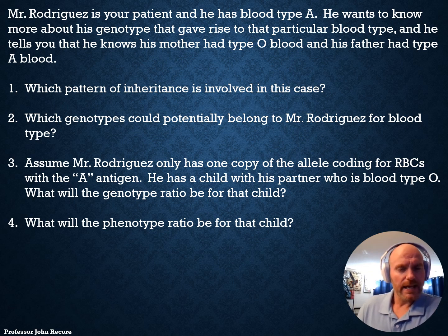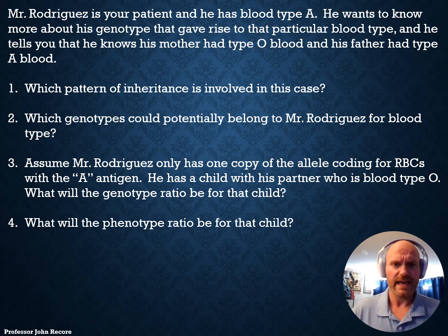Compared with the lowercase i, which represents no antigen present on the red blood cells, which gives rise to type O blood, that is going to act in a recessive manner when paired alongside the allele giving rise to type B blood or the one giving rise to type A blood.